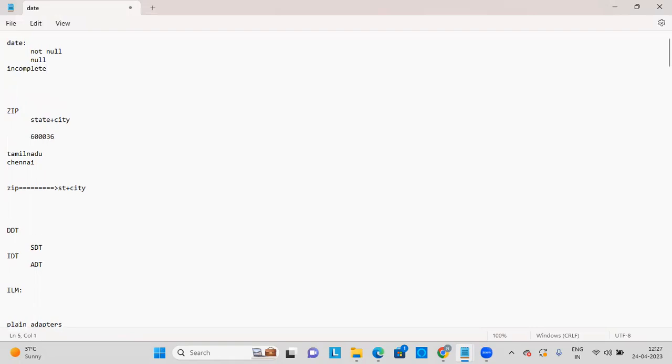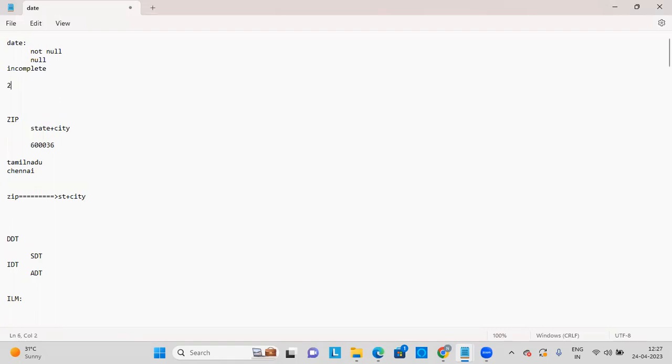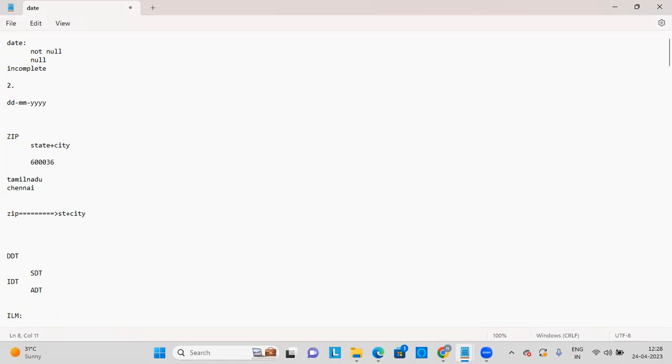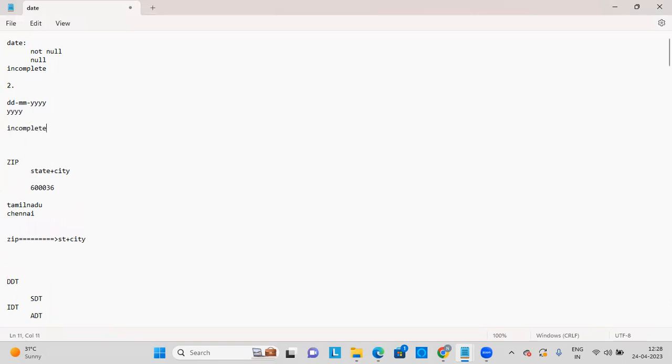Yeah, that's one example. Second is what? We expect date in DD, MM, and YYYY, but we got only YYYY. In this case also, data is incomplete.